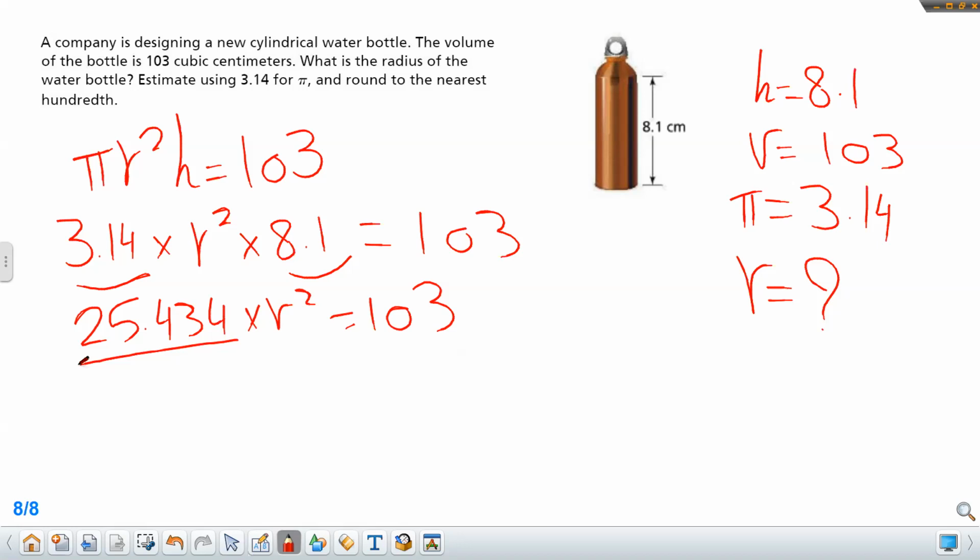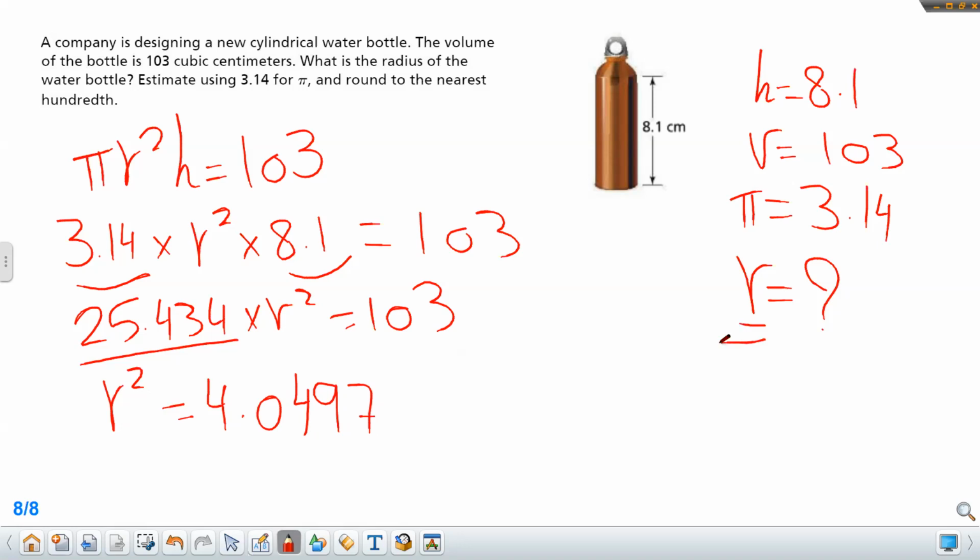So 103 divided by 25.434, so radius squared equals 4.0497. But what's the required here? The required is radius, just radius, not radius squared.